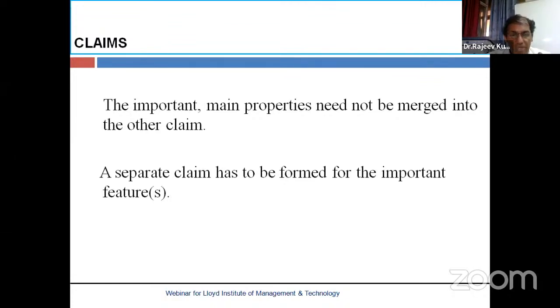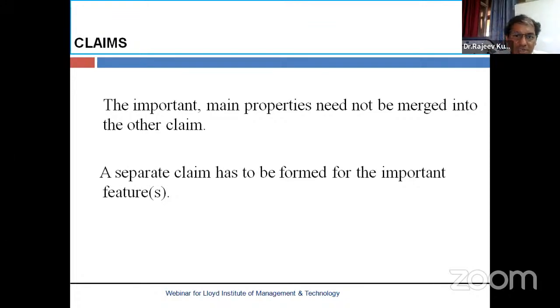So in the dependent claim, I'll be writing the antiviral compound of claim 1, wherein the active principle is extracted from the bark of the plant. So there is an independent claim. Then there are claims which are dependent on the independent claim. But these independent claims, they have an essential feature.